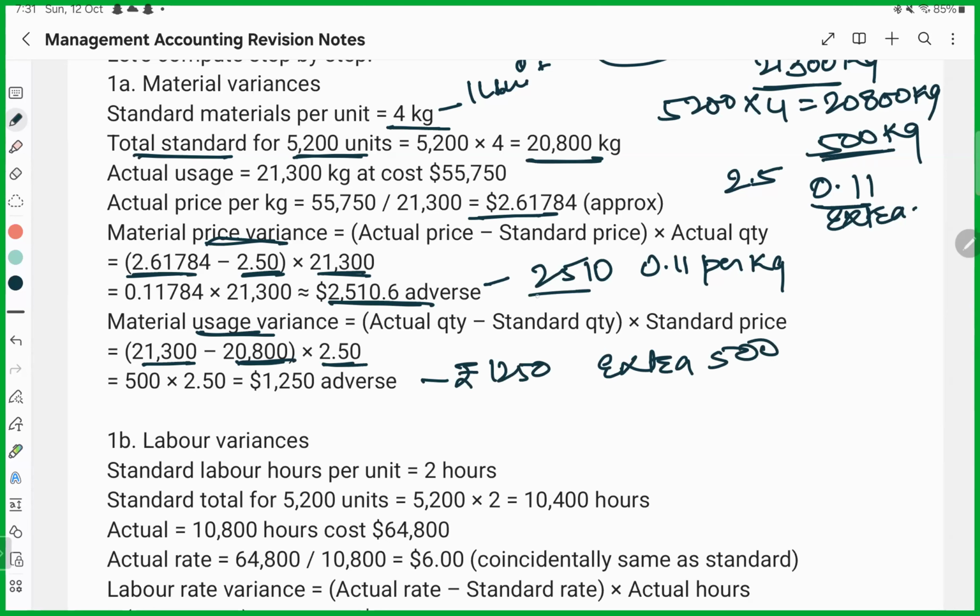So 2,510 plus 1,250 turns out to be 3,760 rupees extra that I have paid, because I have used extra 500 kgs of material and I have paid 0.11 rupees extra.